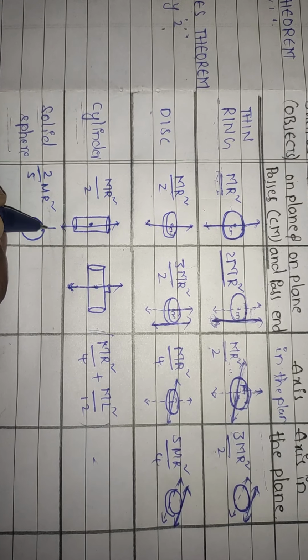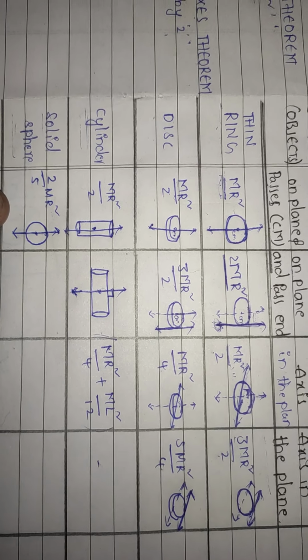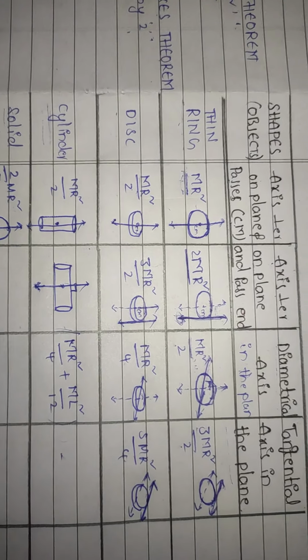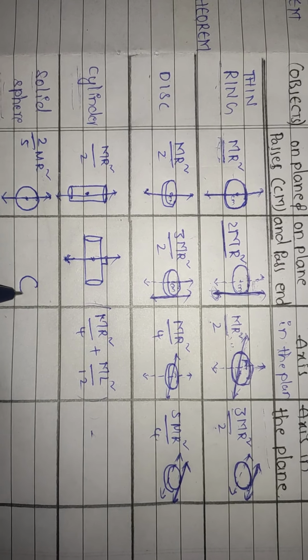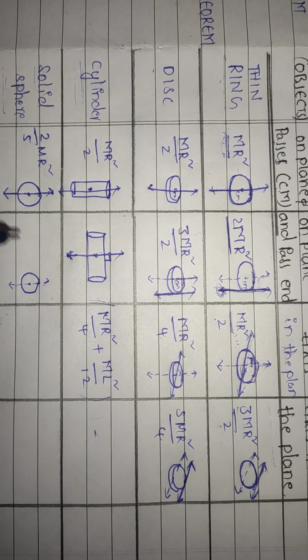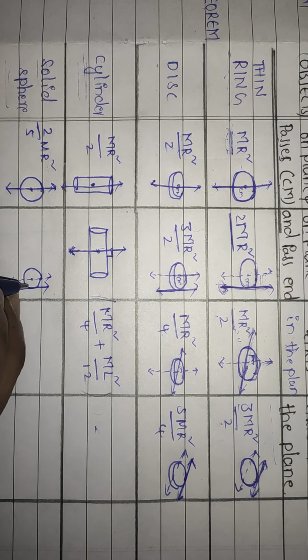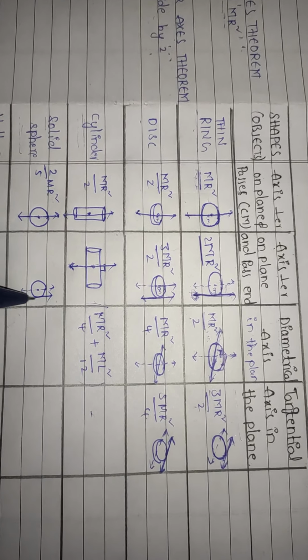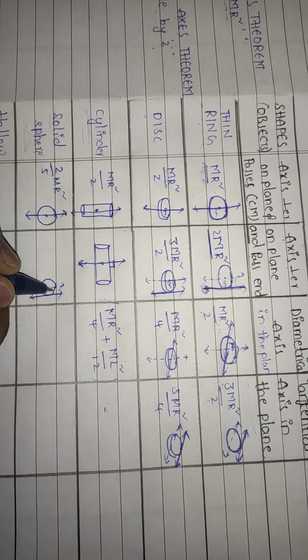Let us think, this is the center of mass and the axis perpendicular to the plane passes through the center of mass. Now the axis perpendicular to the plane and passing through the end means the diagram will be: first, this dotted line is taken as the first axis, and this is the axis that passes through the end, this is the center of mass. These two are parallel, right?